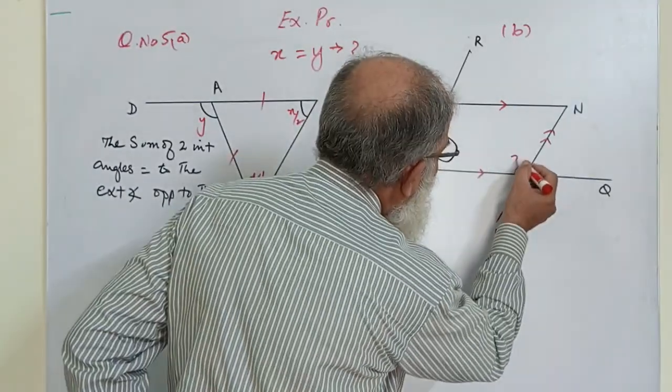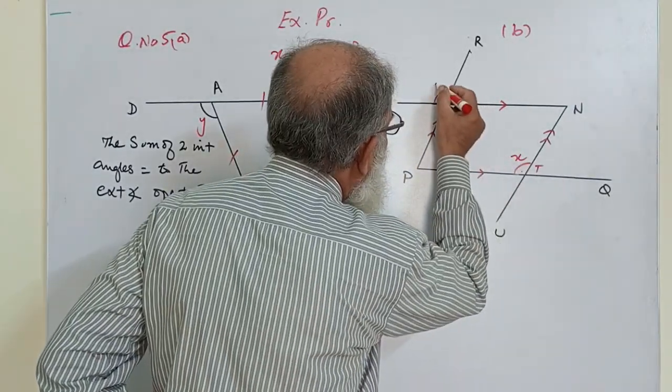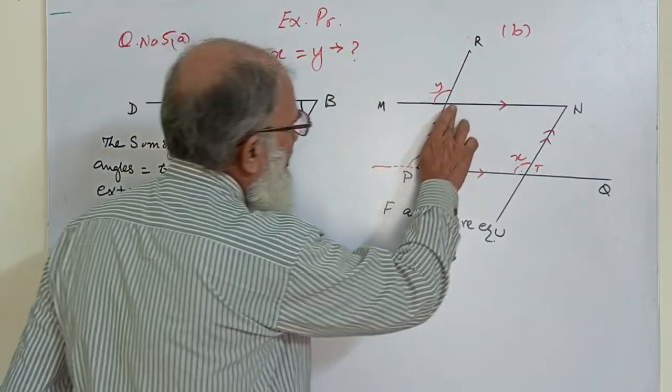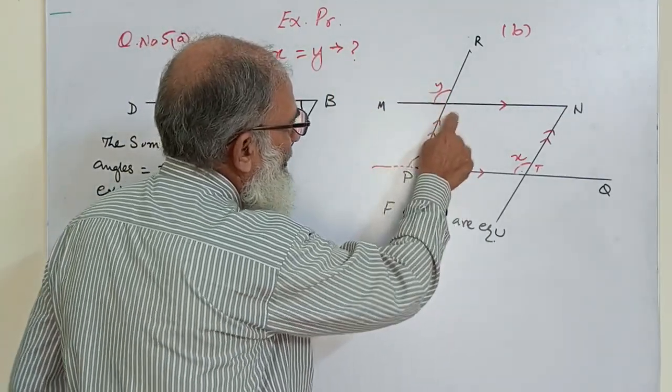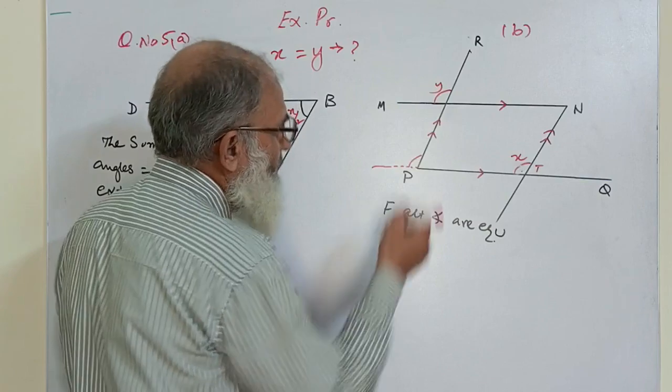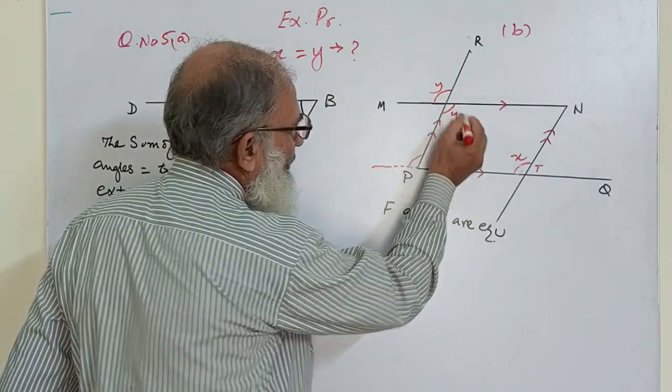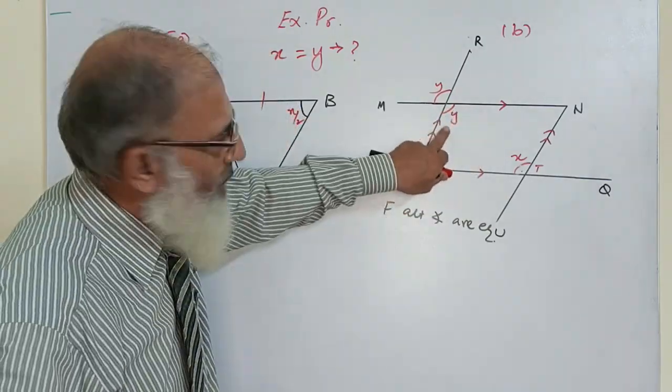This is x and this is y. You see that this angle is also equal to this angle because of vertically opposite. Now this is y.